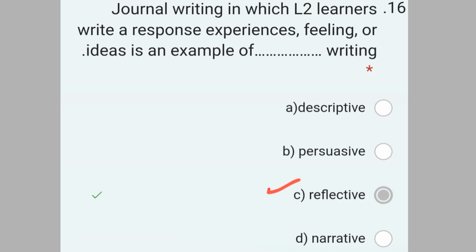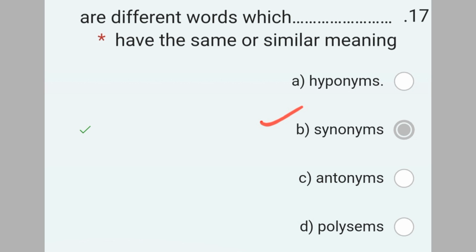16. Journal writing, in which L2 learners write a response to experiences, feelings, or ideas, is an example of writing. A. Descriptive. B. Persuasive. C. Reflective. D. Narrative. 17.